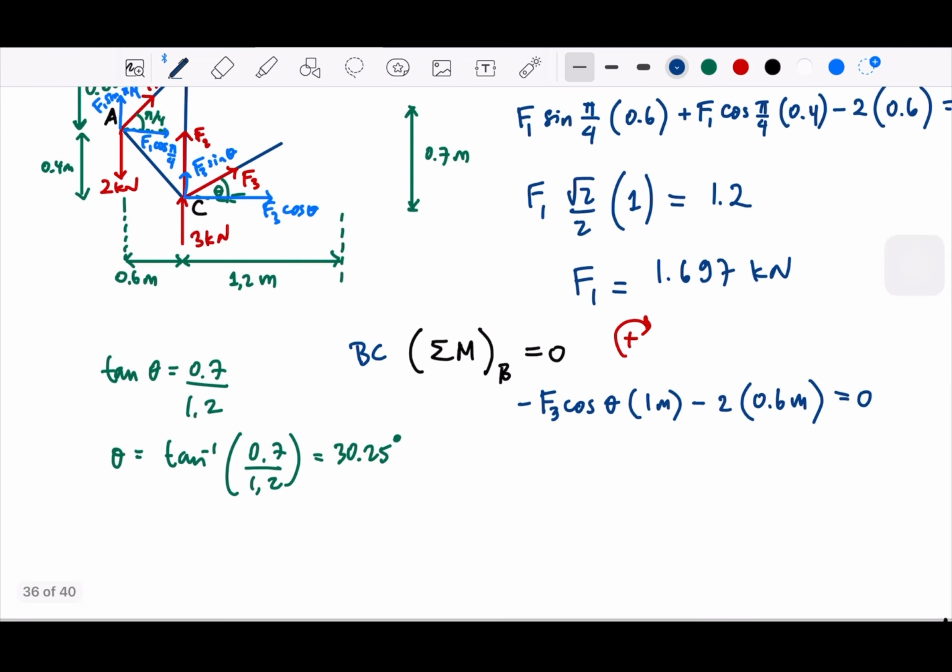So I think we could take this F3, and then cosine theta is, let me check my answer, is 0.86, and this is 1.2.